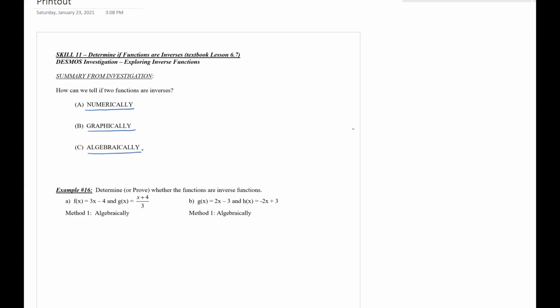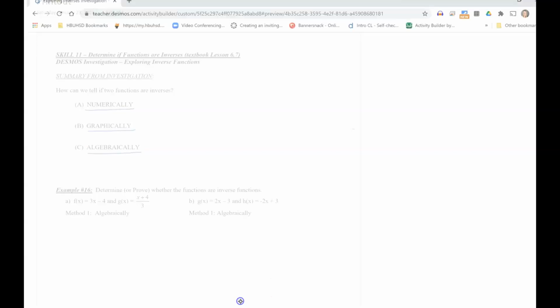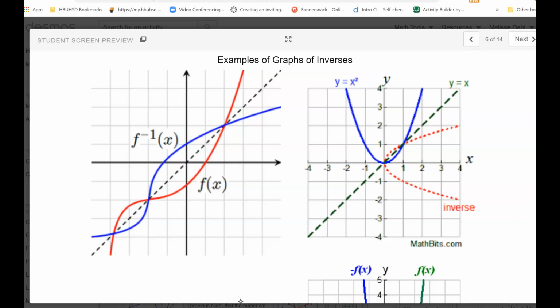First, we are going to look at the graphical version. I'm going to show you a picture here. This gives you a good idea of what inverse functions look like. You see in each graph there's an f of x, and then there's an f with a little -1.